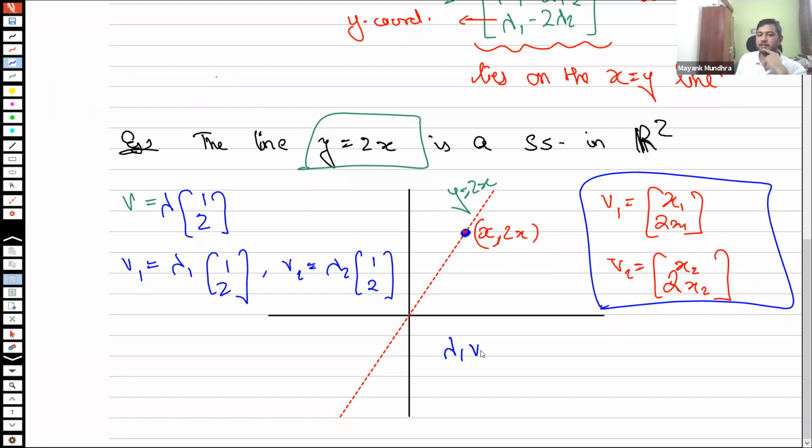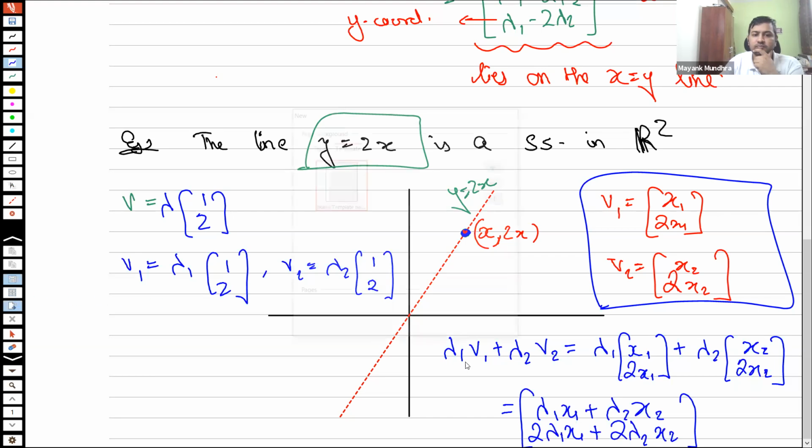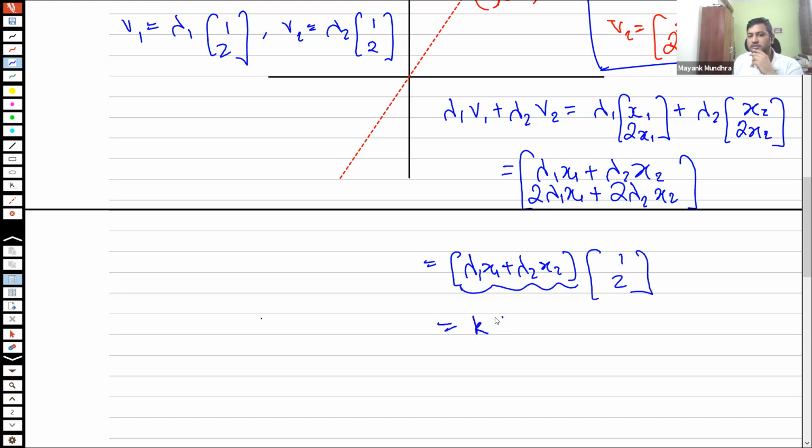So lambda 1 times v1 plus lambda 2 times v2 is equal to lambda 1 times (x1, 2x1) plus lambda 2 times (x2, 2x2). That equals (lambda 1 x1 plus lambda 2 x2, twice lambda 1 x1 plus twice lambda 2 x2), which is lambda 1 x1 plus lambda 2 x2 times (1, 2), so some constant k times (1, 2).